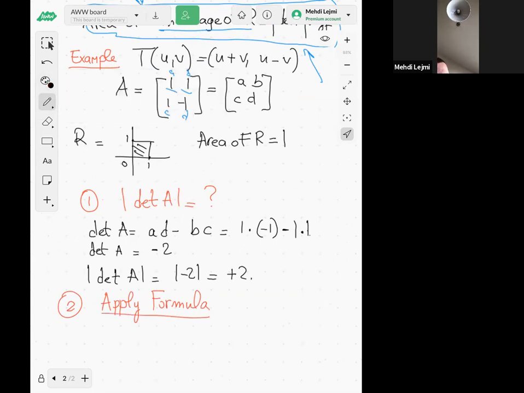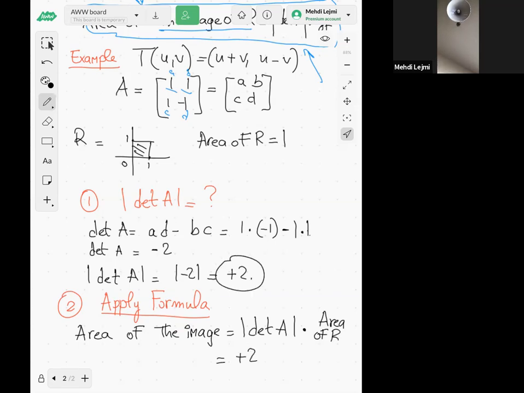The absolute value of the determinant of A is 2, and the area of R is our square with side length equal to 1.